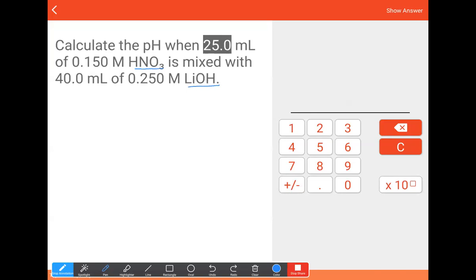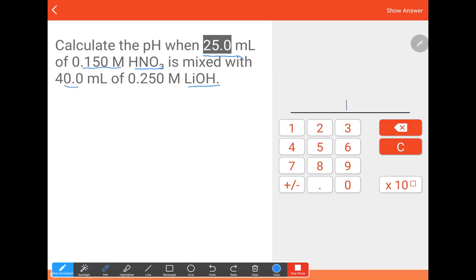If there's one of them left over, then since they're strong, whatever concentration is left of either the acid or the base is going to be the concentration of H plus or OH minus, which can tell us pH or pOH. So let's take a look. At first glance, I have 25 milliliters in my problem of 0.15 molar nitric.